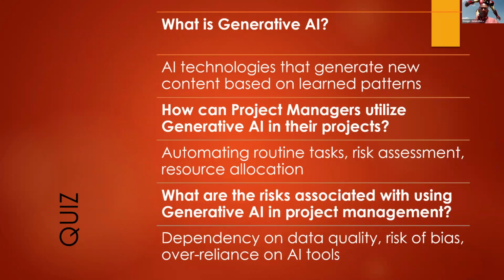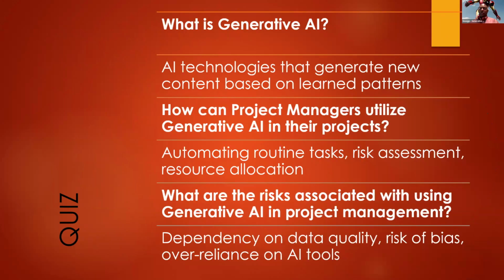So in summary, I'm going to ask the question, but I'm going to give you the answer too. What is generative AI? It's a technology that generates new content based on learned patterns. How can project managers utilize generative AI in their projects? By automating routine tasks, risk assessments, and resource allocations.